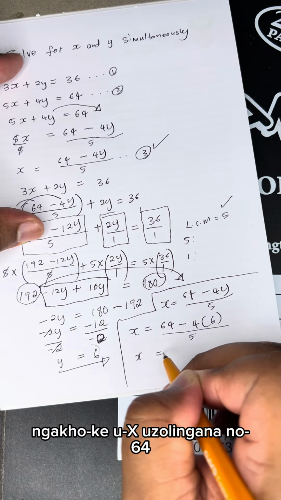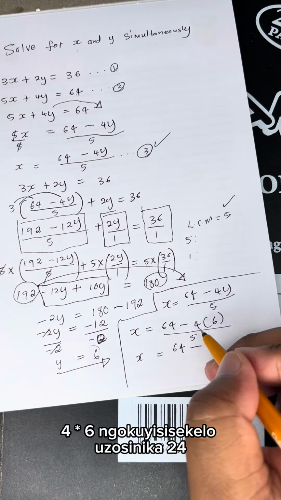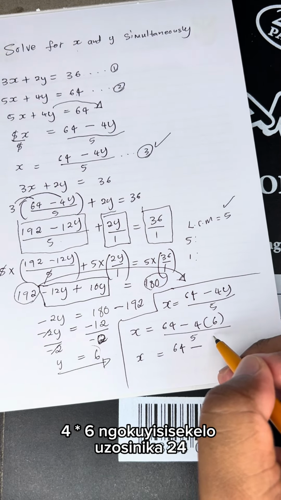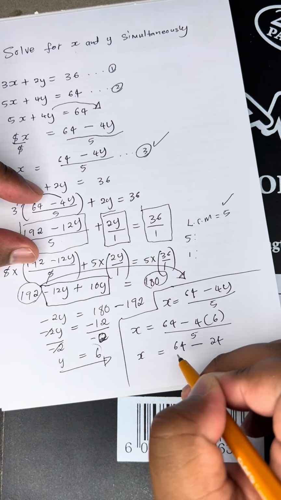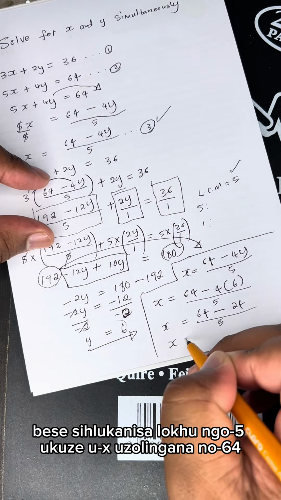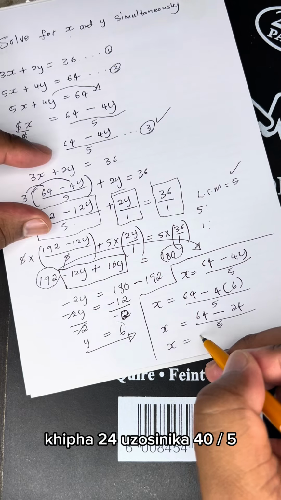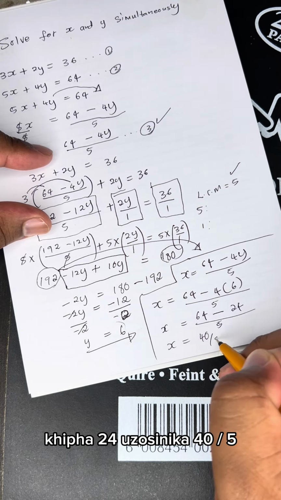So x will be equals to 64 minus 4 times 6 will basically give us 24. Then we divide this by 5. So x will be equals to 64 minus 24 will give us 40 divided by 5.